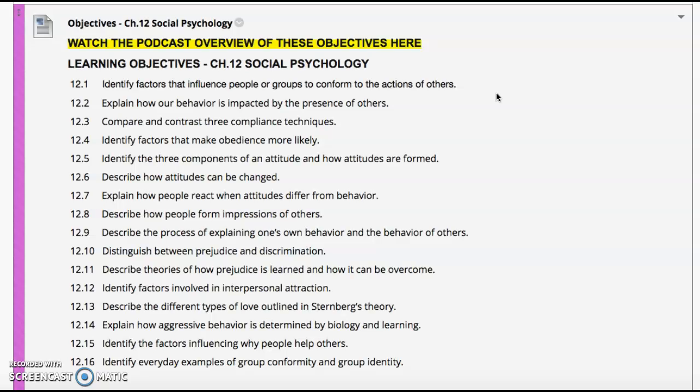Then looking at components of attitude change and attitude formation. How do we form our attitudes? This is more than just opinions, but it's an attitude, how we feel about something or how we think about something in our world. How are those formed as we grow? How can they be changed?